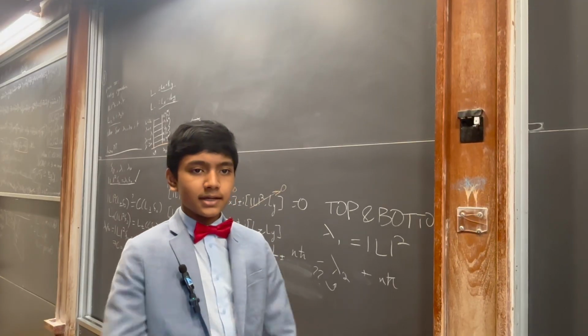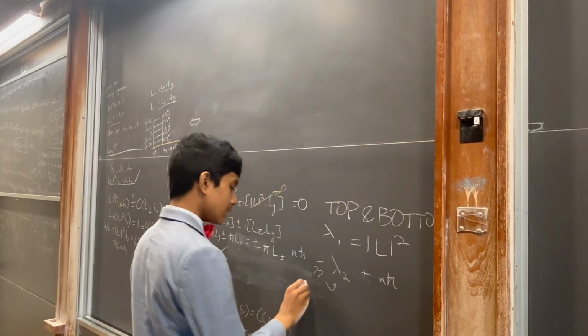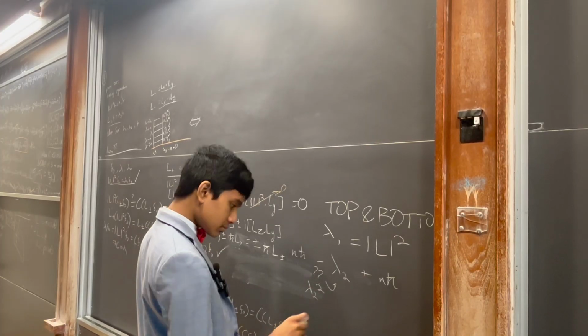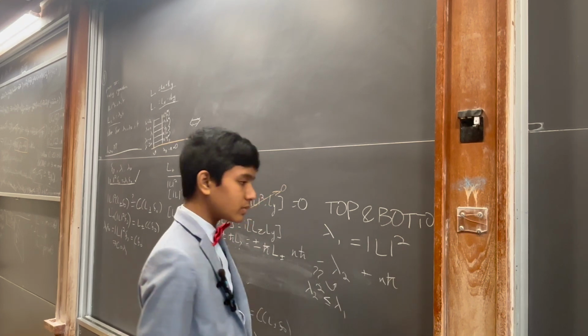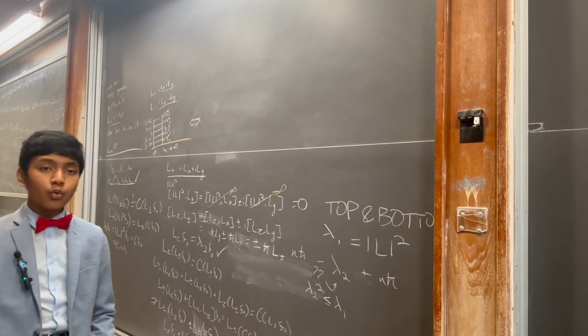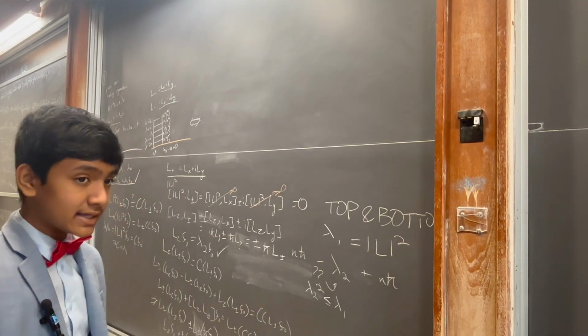So there has to be a limit, because there is absolutely no way that lambda 2 squared can be greater than lambda 1. There is absolutely no way one component's magnitude is greater than the entire vector's magnitude.